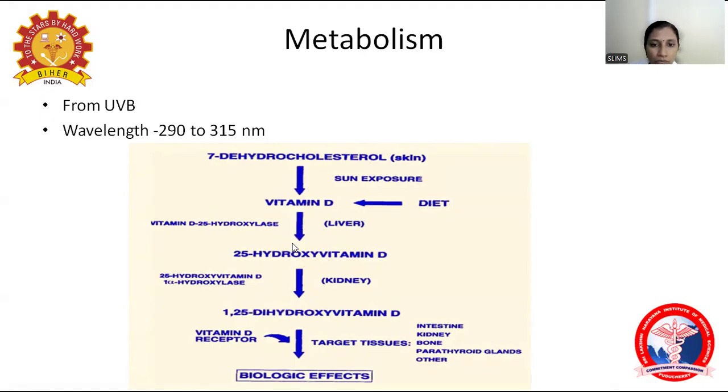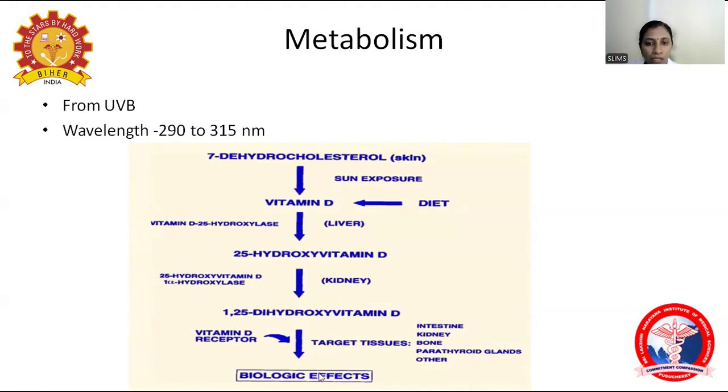This goes to the liver and is acted upon by the enzyme vitamin D 25 hydroxylase to form 25 hydroxy vitamin D. Then it goes to the kidney, where you have another enzyme, 25 hydroxy vitamin D 1 alpha hydroxylase. Now it becomes 1,25 dihydroxy vitamin D. This is in the kidney.